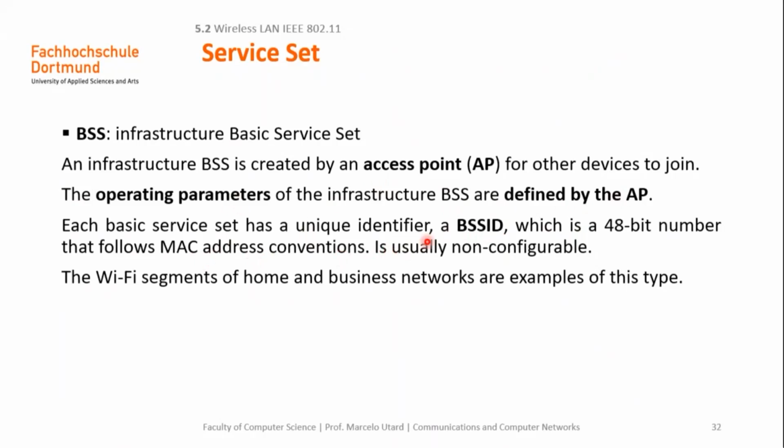And this BSSID is usually non-configurable. Instead of that, the SSID, yes, is configurable and could have up to 32 octets. The Wi-Fi segments of home and business networks are examples of this type of basic service set.